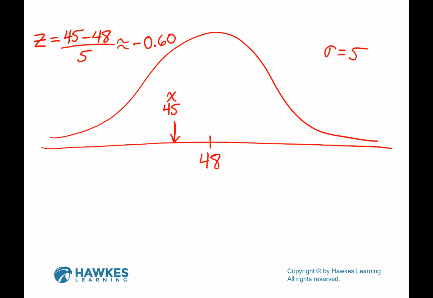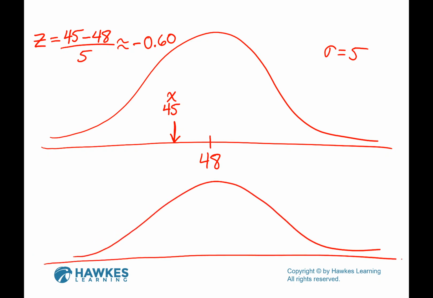So what that lets us do is, instead of dealing with that normal distribution, we can deal with the standard normal distribution, not my best drawing there. The mean of the standard normal distribution is 0, with a standard deviation of 1. And sorry, it's so low on the screen for those of you in the back.